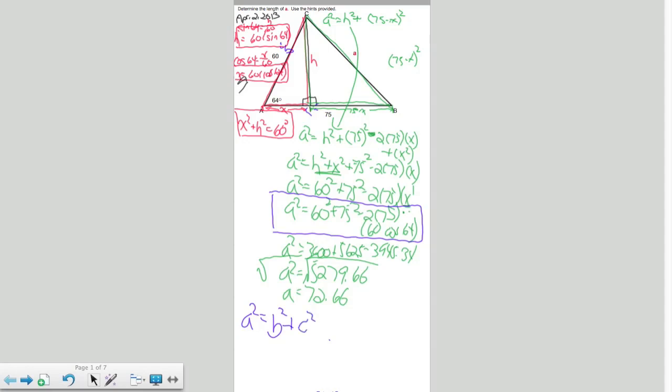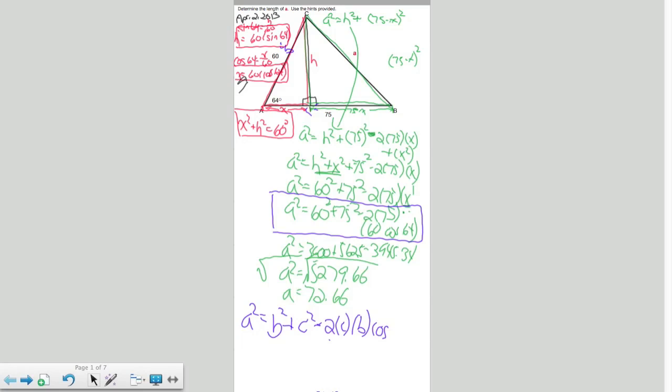So that's c squared minus 2 times, 75 maps to again, little c, 60 maps to little b, and cos of, what does 64 map to?